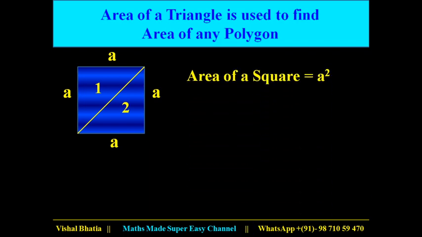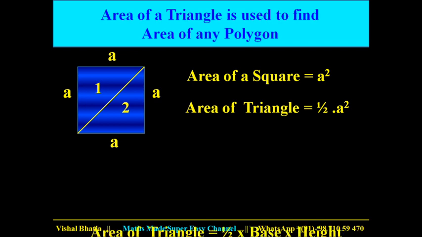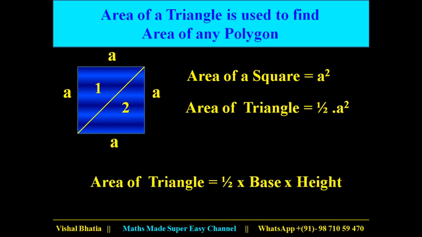So the area of a square is a square and the area of the triangle is nothing but half of a square. Now, if we split up the two dimensions of the triangle, which are a and a units, what we get is the area of a triangle is nothing but half into base into height.